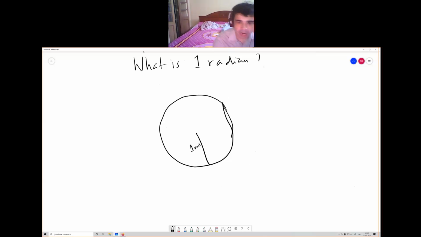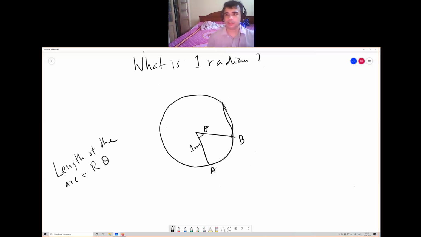If we draw an arc AB subtending angle theta, then what is the length of the arc AB? We know that the length of the arc is equal to radius times theta. Now can you define radian from this?